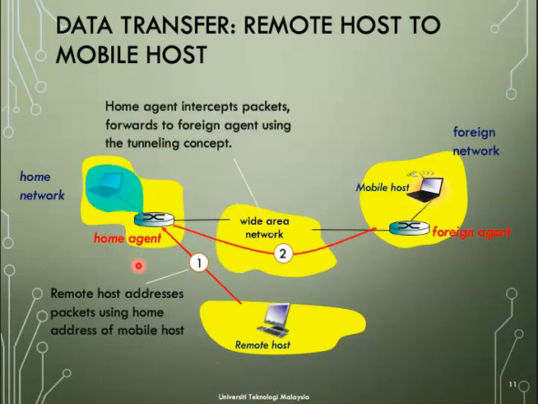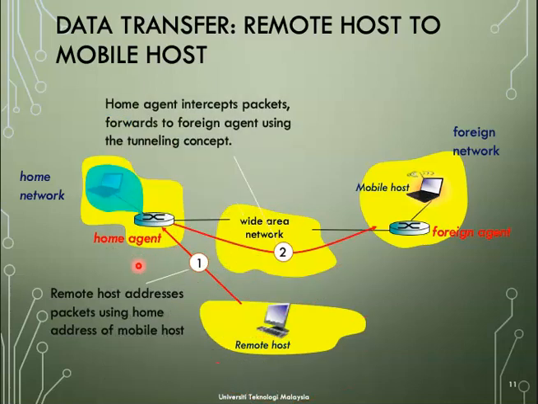The next process is, when the home agent intercepts the packet, it will forward it to the foreign agent using the tunneling concept, because this home agent already knows, through the registration process we looked at just now, that this mobile host has moved to another network.